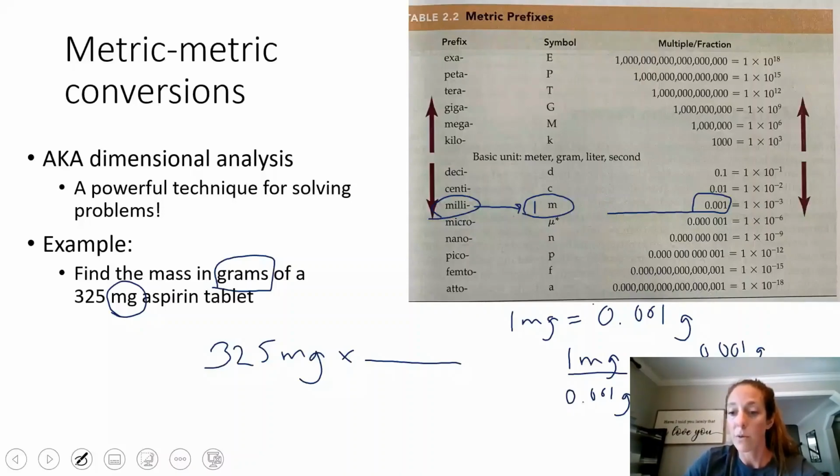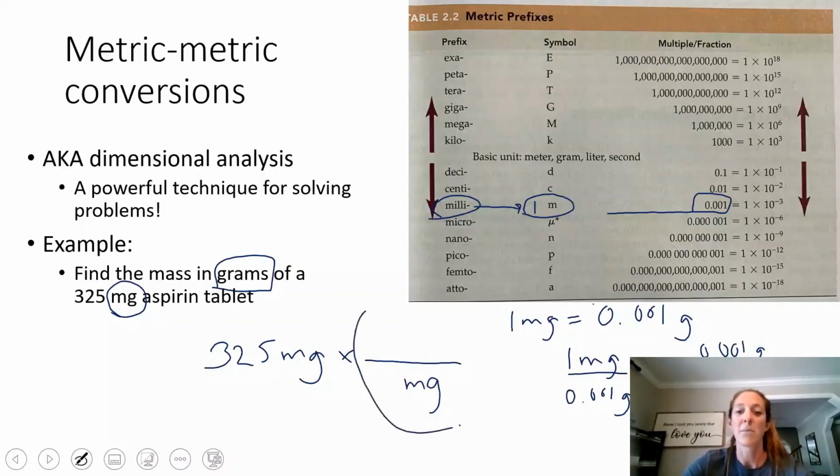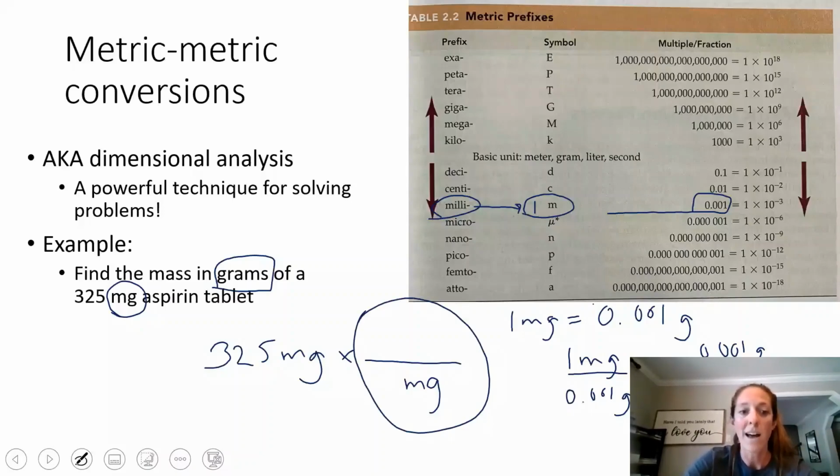Now, how do I know which one I want to use? Well, if I look back at my problem, I have to get rid of milligrams. So the only way to get rid of milligrams is to divide by it, have my units diagonal from one another so they cancel out. I also like to say, when you set this up, it's what you want over what you got. So what do I want? My problem tells me that I want grams. What have I got? What am I starting with? Milligrams.